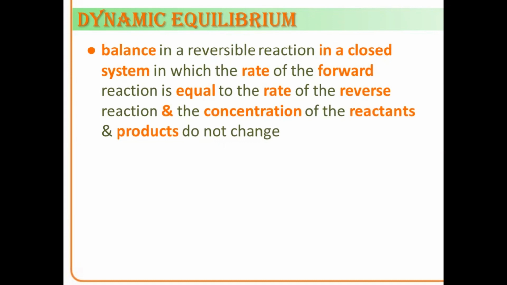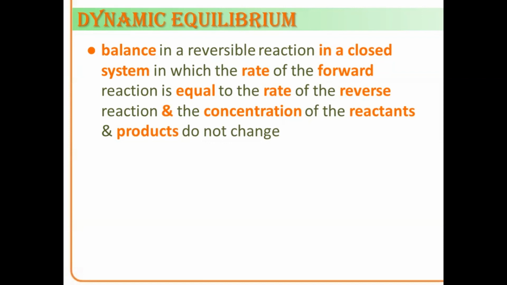Now, what do we mean when we say a closed system? We're simply saying that none of the reactants or products are allowed to escape. This applies mainly when we have gaseous substances in the reaction.